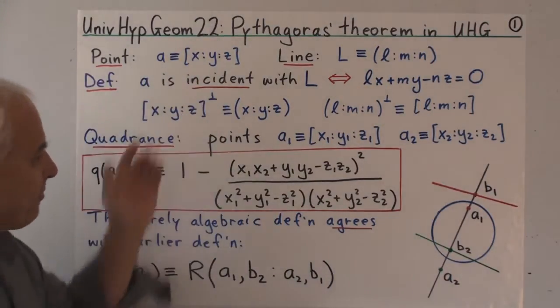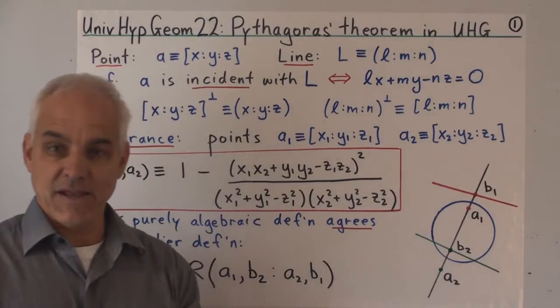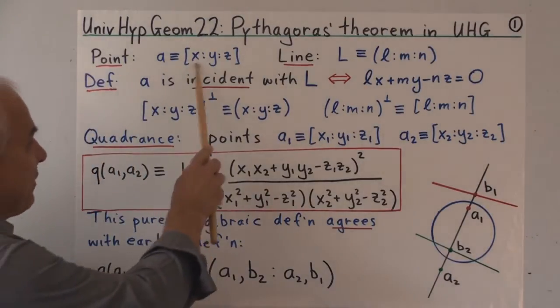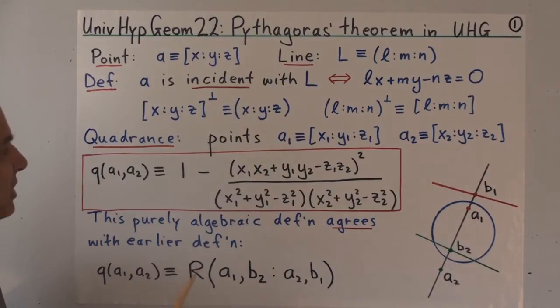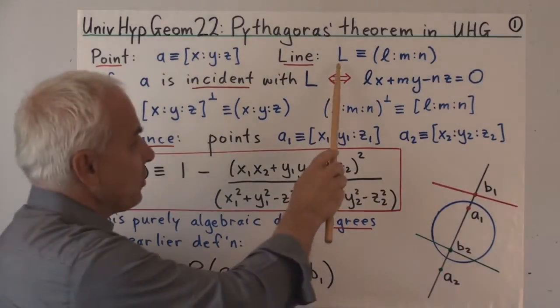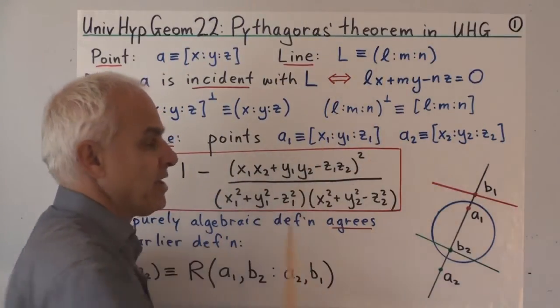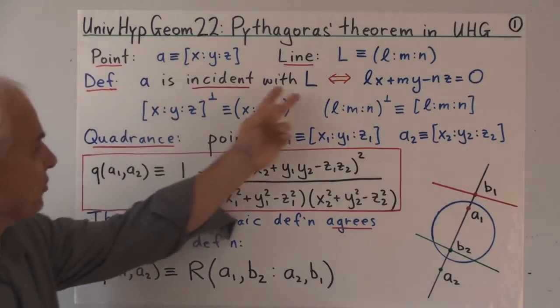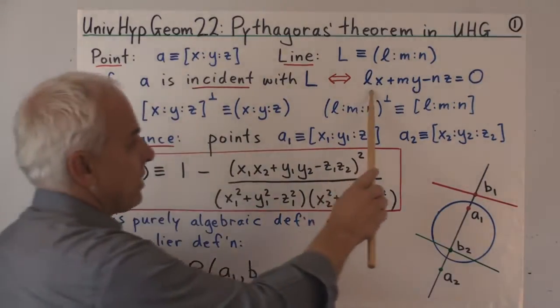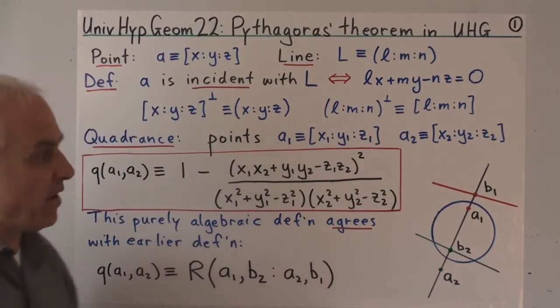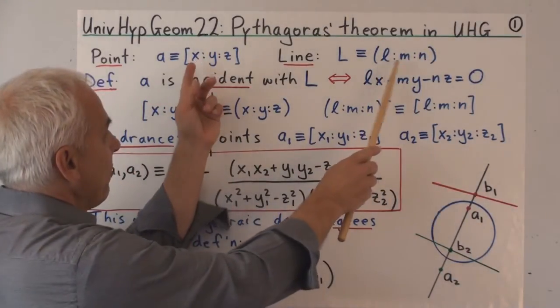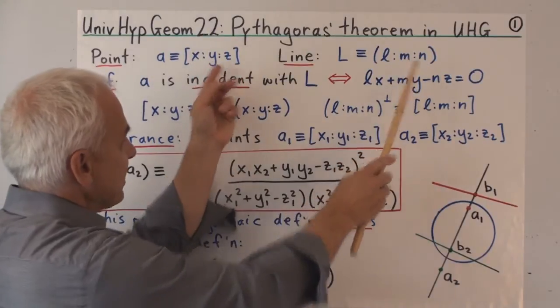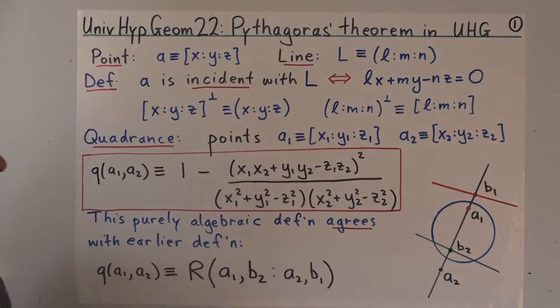So let me remind you of what we did in the last video. We started with the definition of a point as a triple of numbers in square brackets, the definition of a line as a triple of numbers in round brackets. We have a notion of incidence between the point and the line, precisely when this fundamental relation is satisfied: l times x plus m times y minus n times z equals 0.